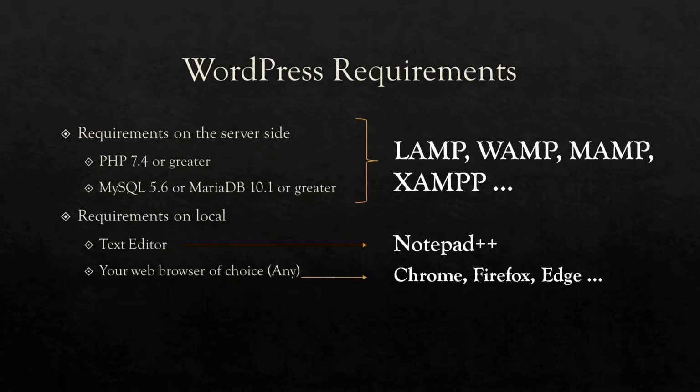LAMP is a bundle of Apache server, MySQL and PHP based on the Linux system. That is why it is shown as L for Linux. This is your LAMP server.